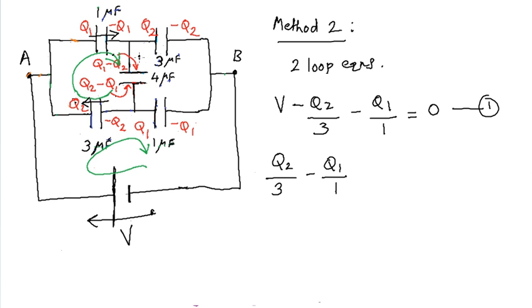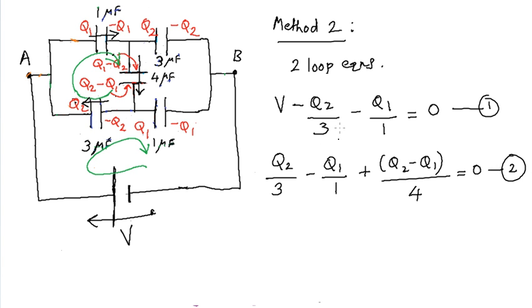And finally, when I go through the vertical capacitor from top to bottom, the potential difference that I encounter is Q2 minus Q1 divided by 4 microfarads. And since I've reached my starting point, the total potential difference must be equal to 0, and this is my second equation.